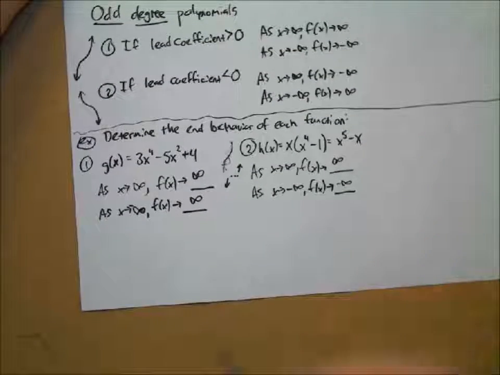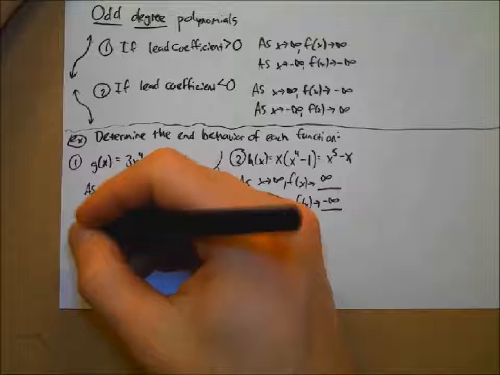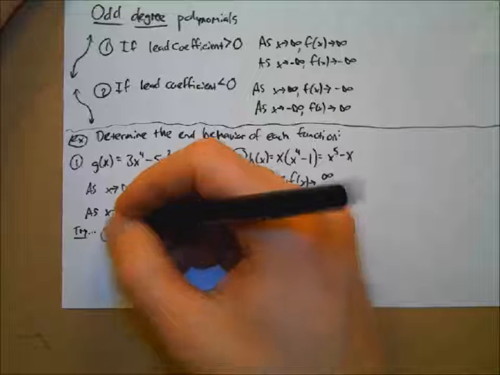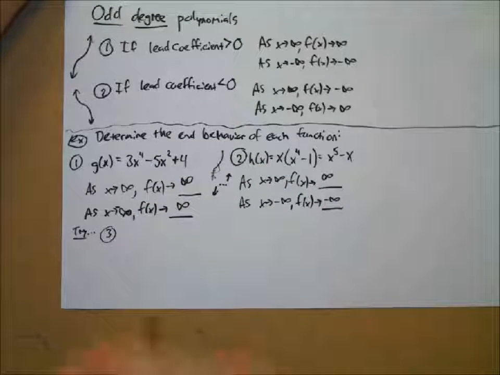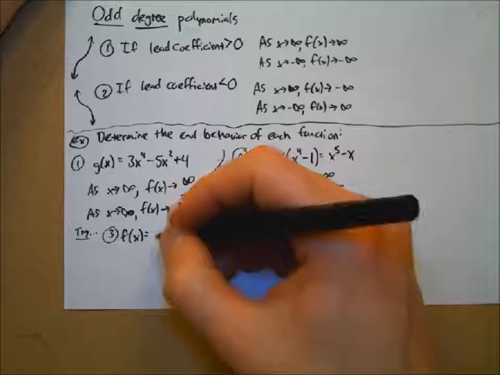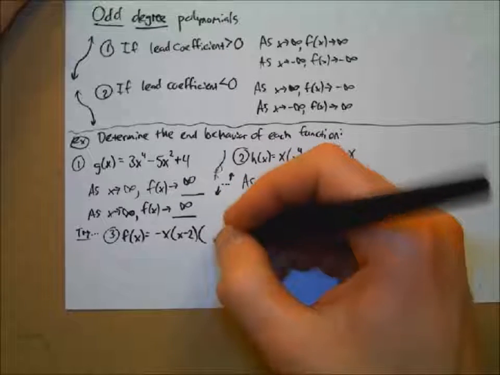Ready to try your own now? Yes? Okay. Here we go. Number 3. This is one for you to try. F of x equals negative x times x minus 2 times x plus 2.